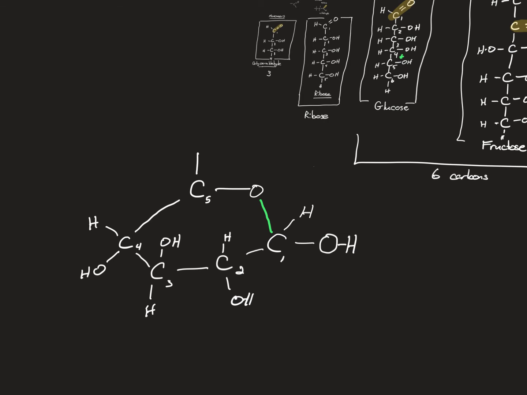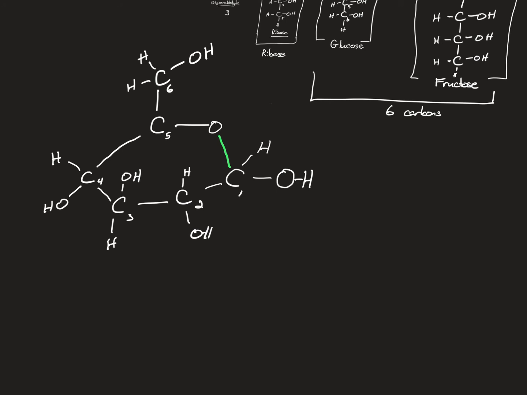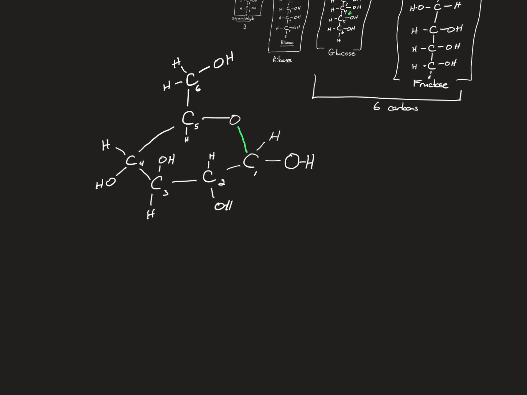Then sticking up is the 6th carbon that has 2 hydrogens and a hydroxyl group. So every carbon has, I have to go ahead and draw the hydrogen here. Every carbon has 4 bonds, and you can check your work by looking to see every carbon has 4 bonds in it.